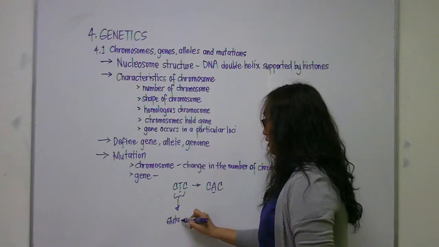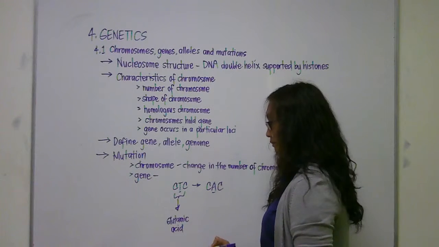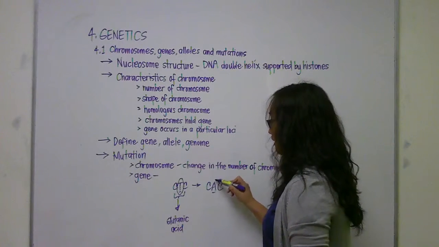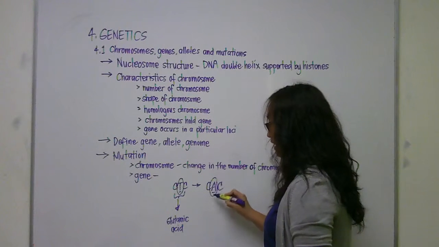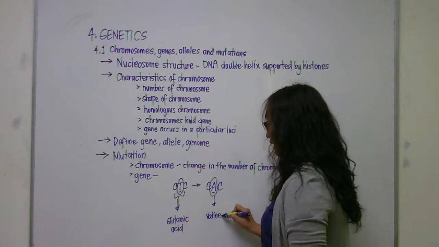In a normal gene, it is supposed to code for glutamic acid, but since T is replaced by A, it will code for valine.